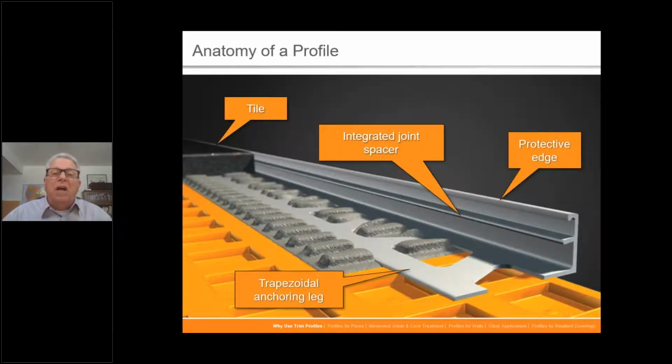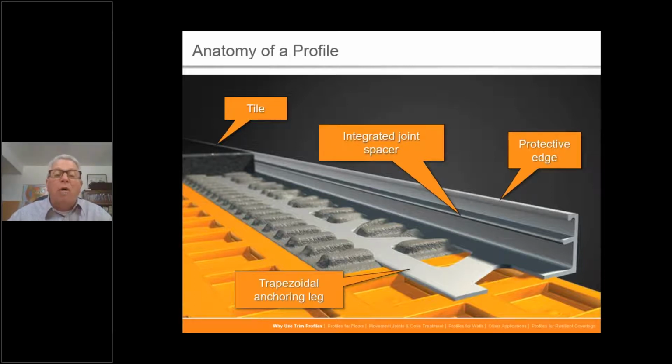But when we get down to the profile itself, there are some key elements or designs in the profile that make them function the way that they're supposed to. We are there to protect the edge of the tile, so there is going to be an upright design. Then there's an anchoring leg, or a small portion of the profile that fits underneath the tile and is installed with the tile into the thin set mortar, into the bond coat.